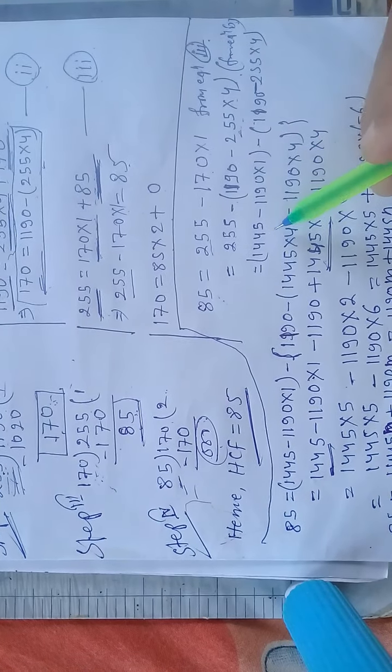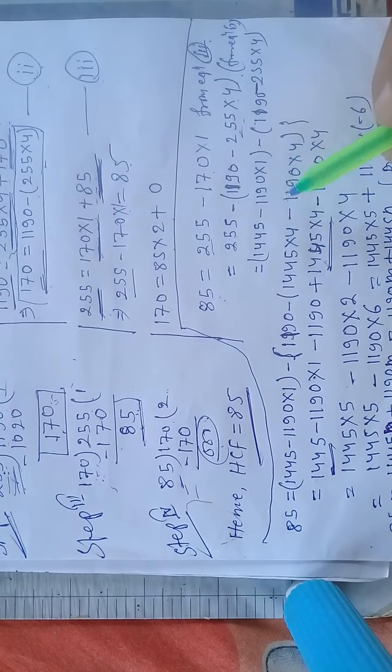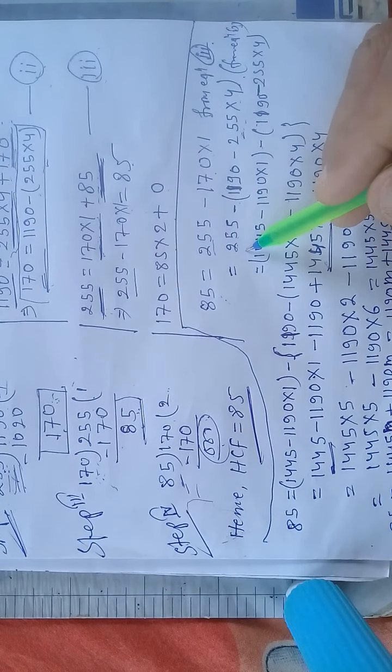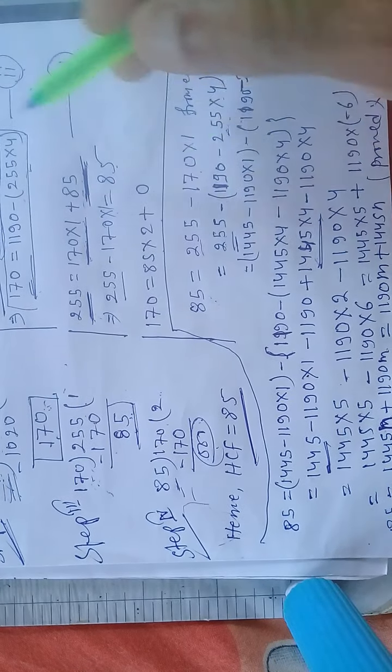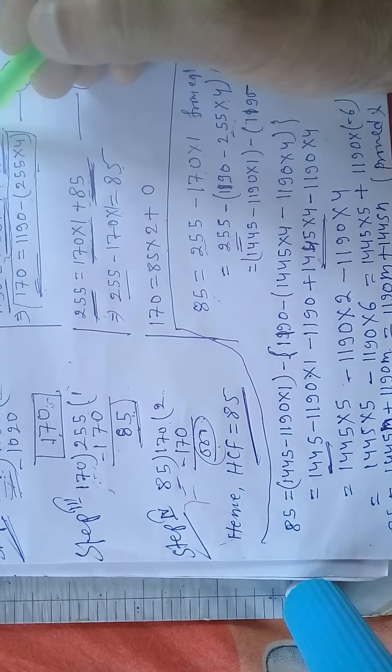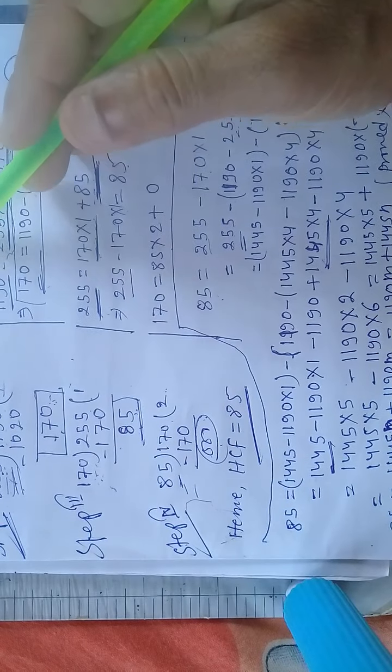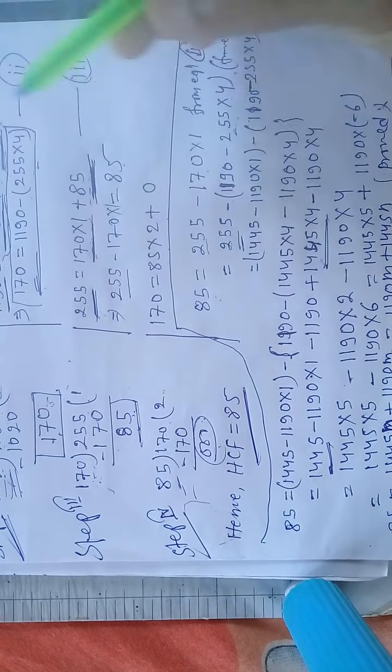And the value of 255 from equation 1 is equal to 1445 minus 1190 into 1.